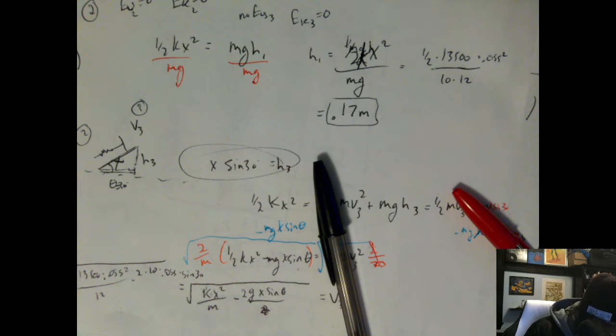So, parentheses, 13500 times 0.055 squared divided by 12 minus 2 times 10 times 0.055 times the sine of 30, close parentheses, to the half.